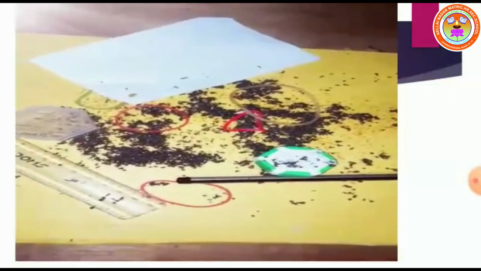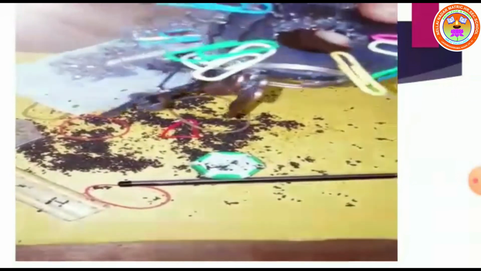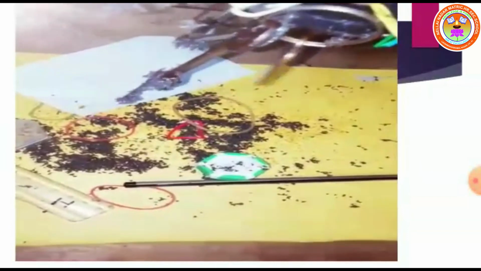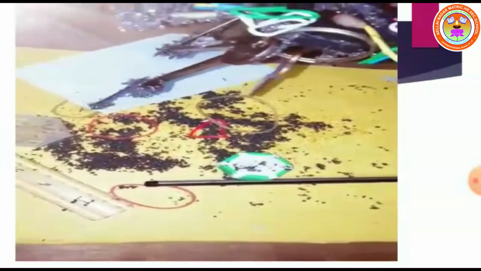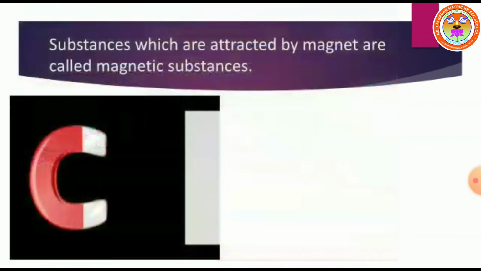So which substances are used to make the objects attracted by the magnets? Yes, children, iron is used to make the objects attracted by the magnet. What are magnetic substances?